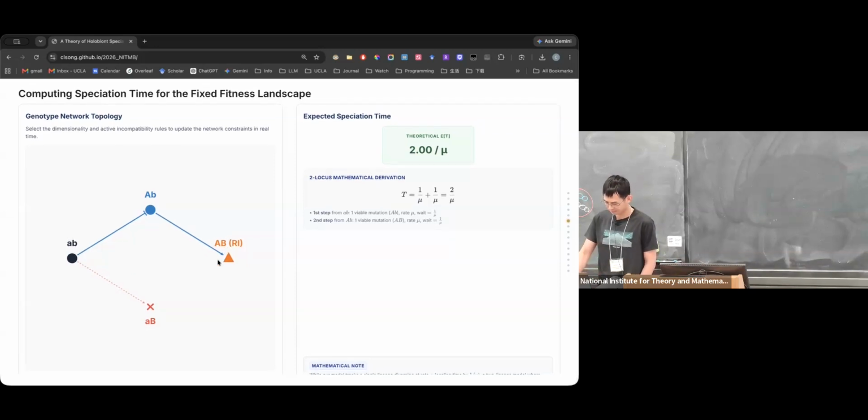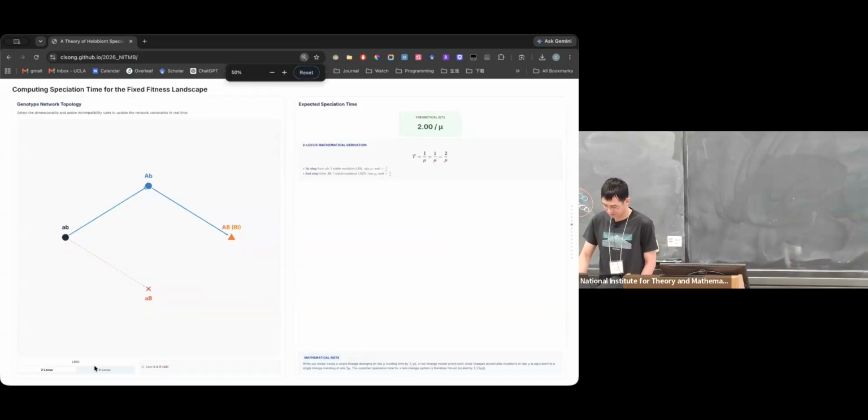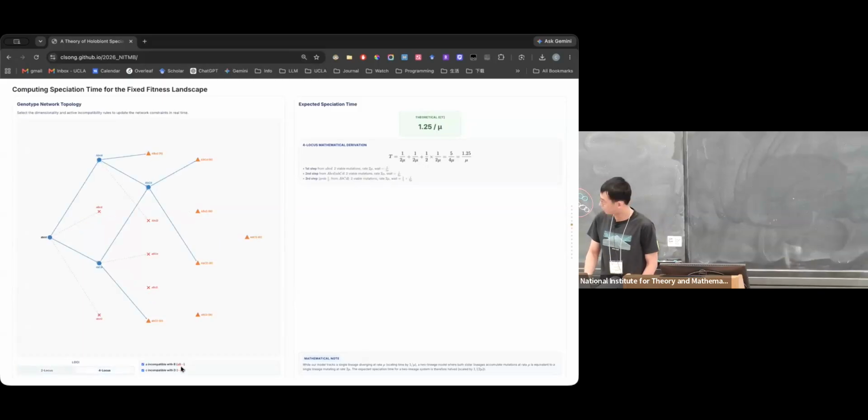In contrast, with 4 loci, we consider a more complicated case where there are two incompatible rules, with little a and big B and little c and big D, and we have a more complicated landscape. But we can still do the mathematical calculation carefully, and we can calculate the expected time for speciation.